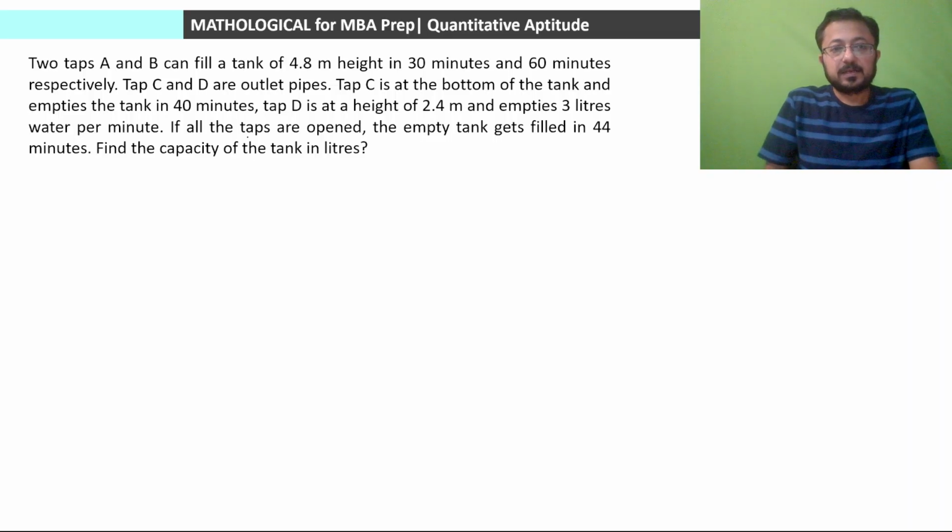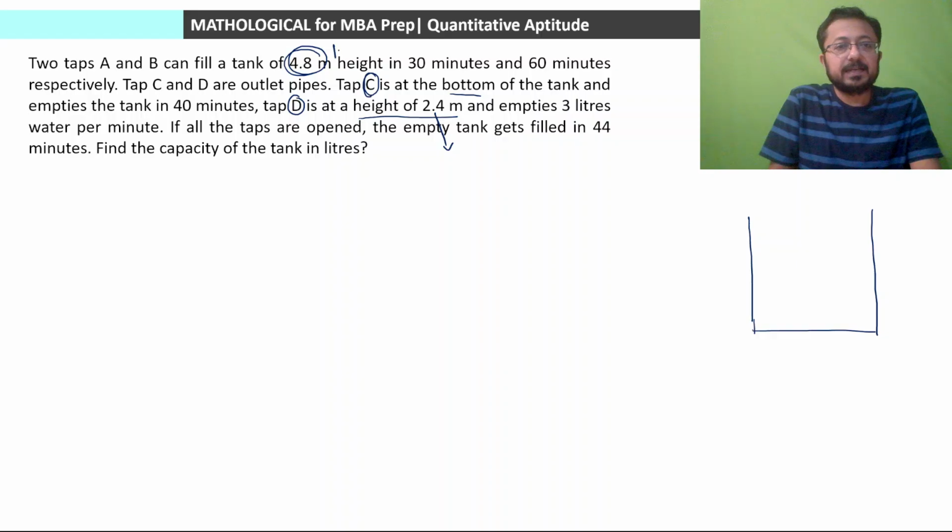So there are two taps that are filling taps, and two taps that are outlet pipes or emptying taps. But more importantly, tap C, that is an emptying tap, is at the bottom of the tank, and tap D is at height of 2.4 meters, जबकि total height of the tank is 4.8 meters, यानी कि half the height पे है.